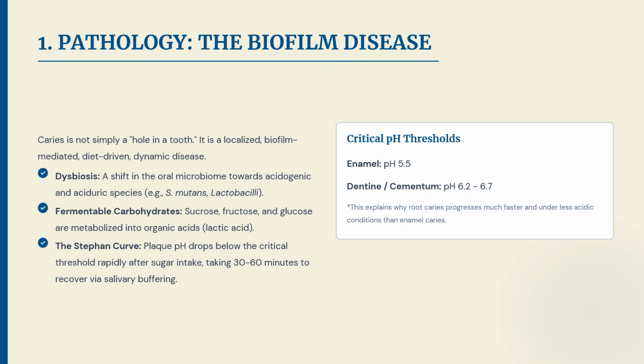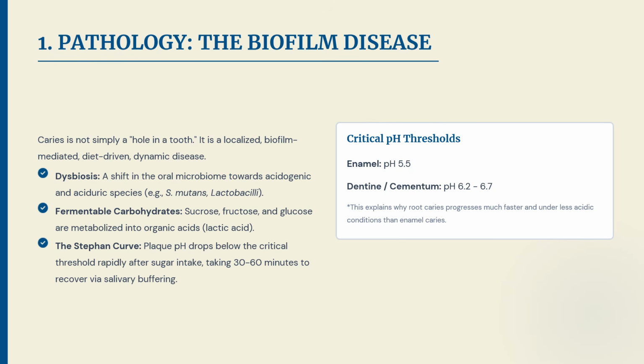So you have a piece of chocolate or some sugary stuff, and then for the oral cavity to get back to its normal pH level in a healthy mouth, it takes about 30 to 60 minutes.